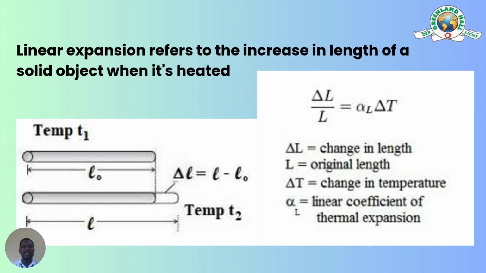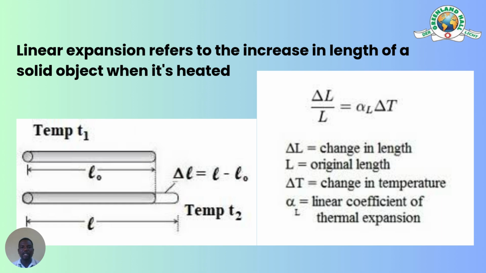You can see there is always a change in temperature also. Where delta L indicates the change in length, L naught indicates the original length, and delta T, this sign that looks like a triangle, we call delta. It's a Greek letter. Delta T means change in temperature. Then alpha is the linear coefficient of thermal expansion. When there is an increase along the length, we call it linear expansion.